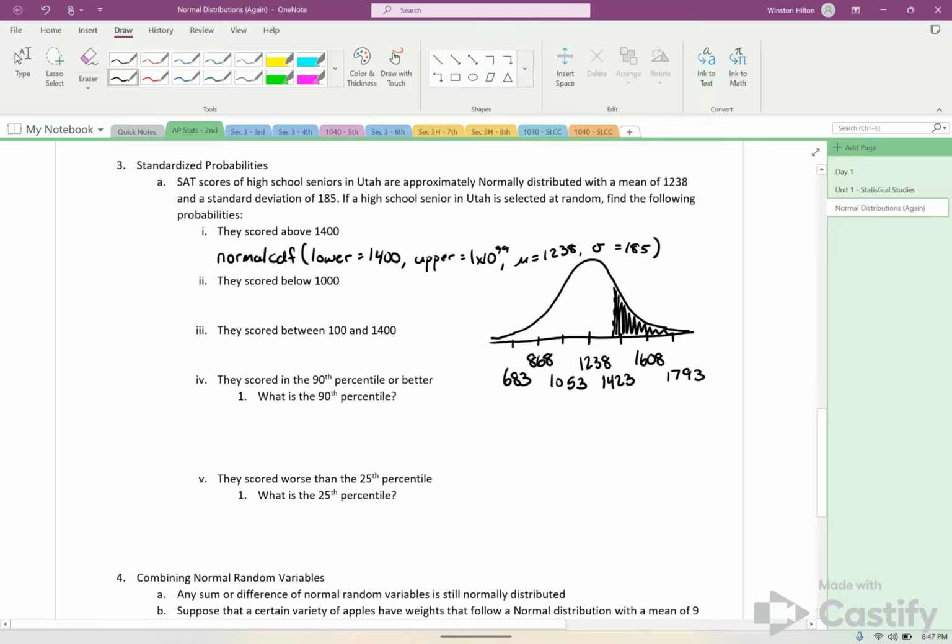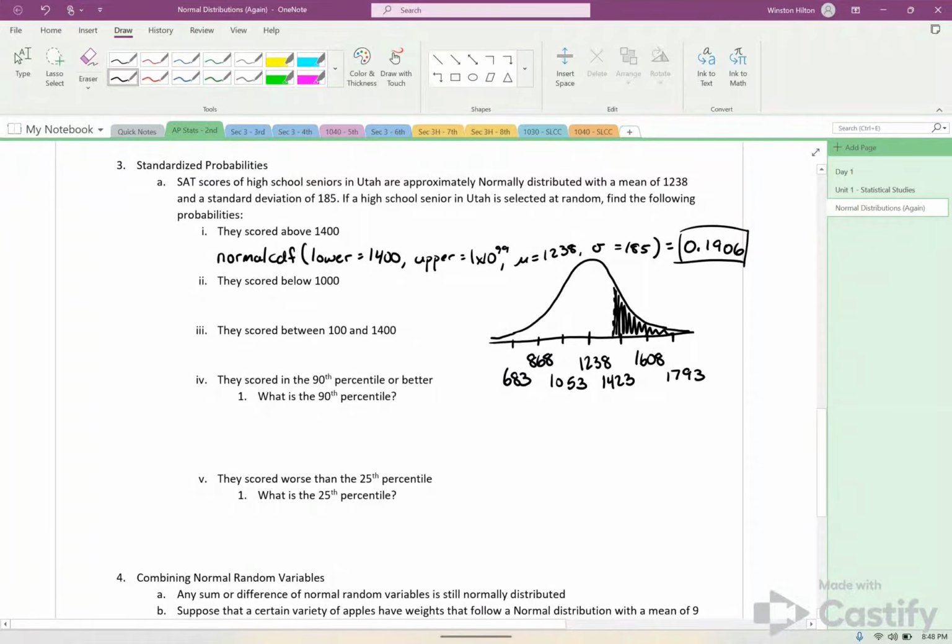If you type that into your calculator, you get a probability of 0.1906.